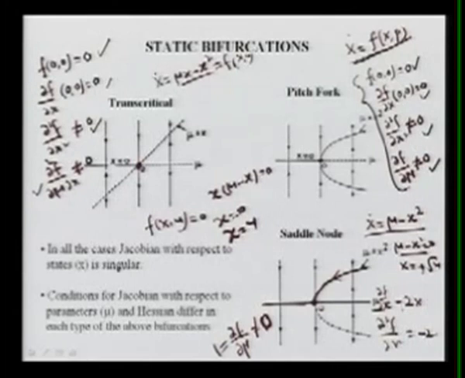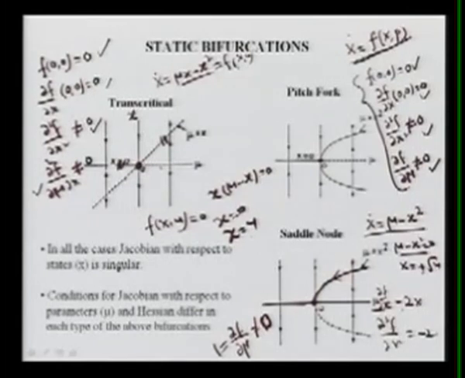If you are drawing mu and x, this is your x, this is your mu. One will be the starting line, that is one equation, and mu equal to x is a linear equation. At this point you can say this is your stable curve, but these two dotted lines are unstable.